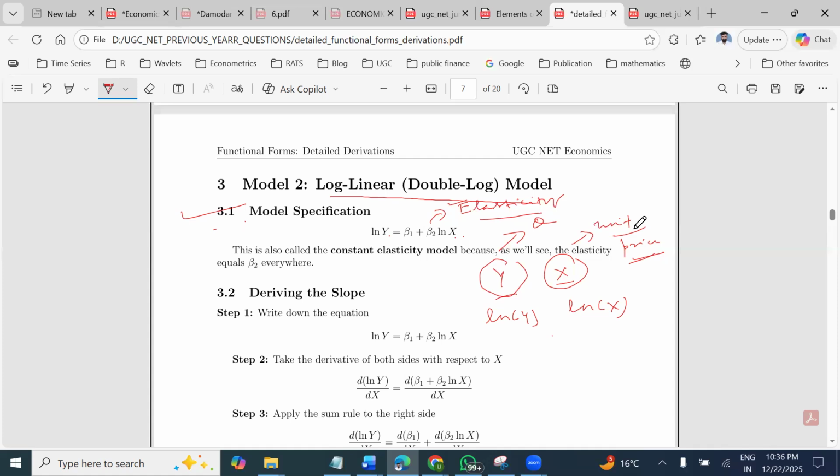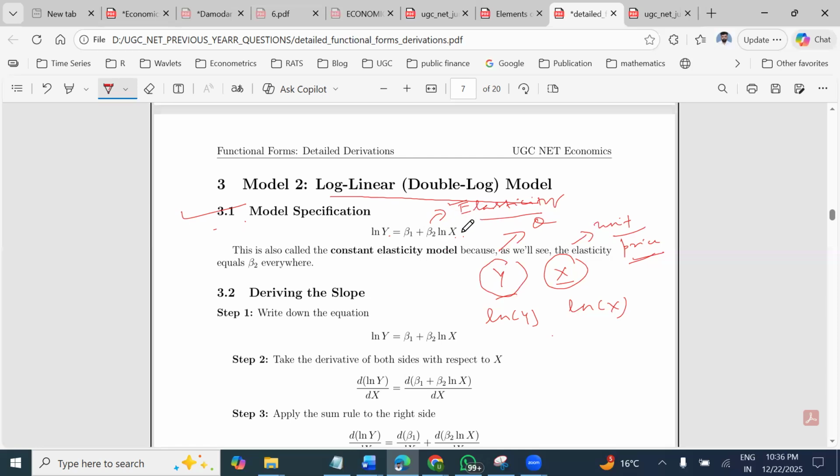Now, how will we interpret beta 2? Someone can try. Madhusmita, you want to try? What is the interpretation of beta 2 over here? First, you know what beta 2 is, right? It is measuring the elasticity of y with respect to x. Sangeeta also made the point that in an exponential function, if you take the logarithm, it will be a linear function.